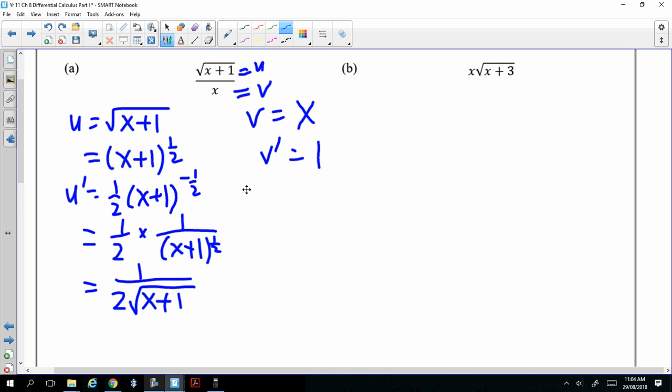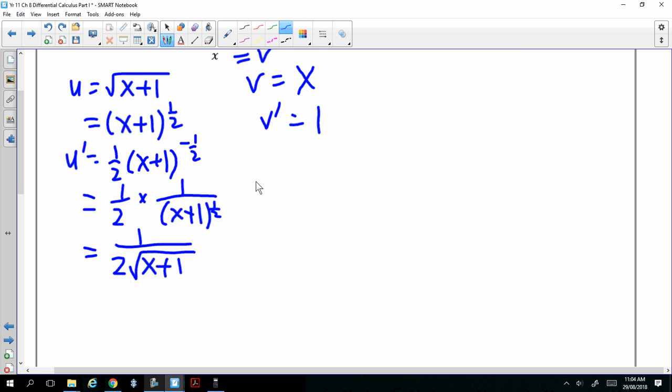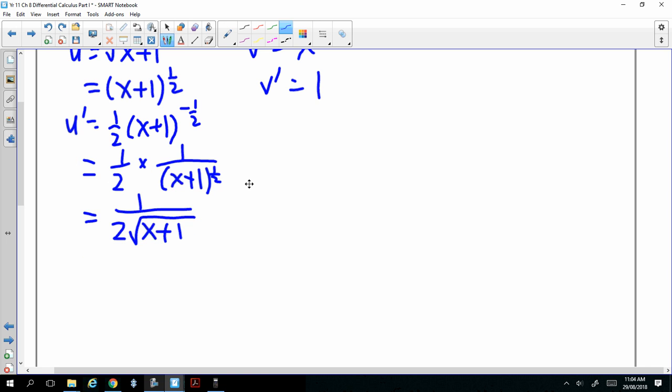And then we use the quotient rule. Have a try. Remember u dash v, except minus in the middle. So you write y dash equal to u dash v minus uv dash over v squared. Alright, what's u dash?